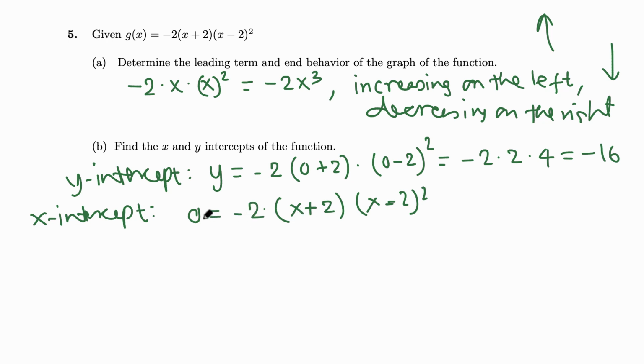Or x plus 2 equals 0, which means subtract 2 from both sides, x is -2. And here is x minus 2 squared equals 0, that means x minus 2 equals 0, and adding 2 to both sides we get 2, but the square means the multiplicity will be 2 later. Okay, so -2 and 2 are the x-intercepts.